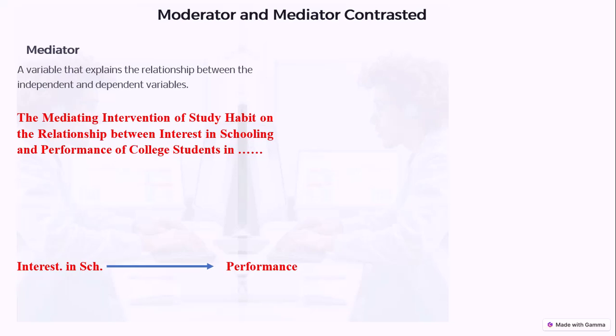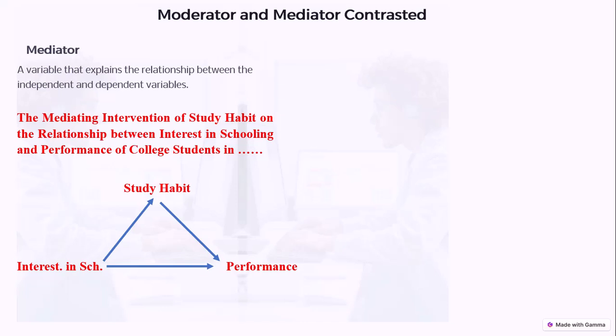Now, in an attempt to explain this kind of relationship, we look at what other variables we think can influence performance, and what other variables we think that interest can also influence. A typical example is the study habit. A student who has interest in school may have high study habits, and because of having high study habits, the performance will increase.